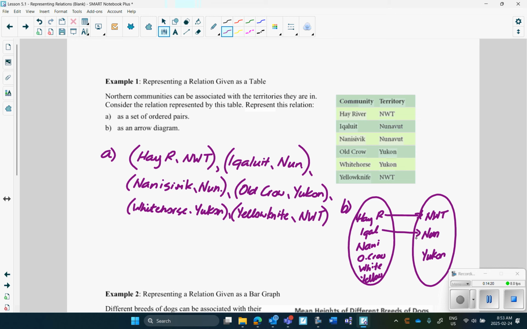Iqaluit is Nunavut. So is Nanisivik, so I draw an arrow there. Old Crow is Yukon. So is Whitehorse. But Yellowknife, I've got to draw an arrow back up to Northwest Territories. Okay.